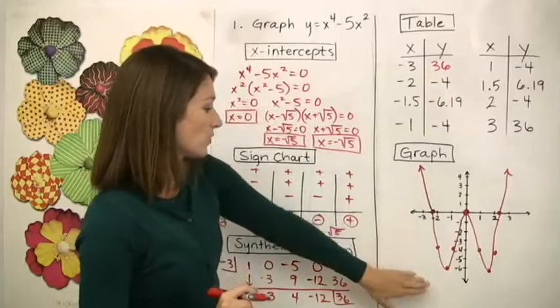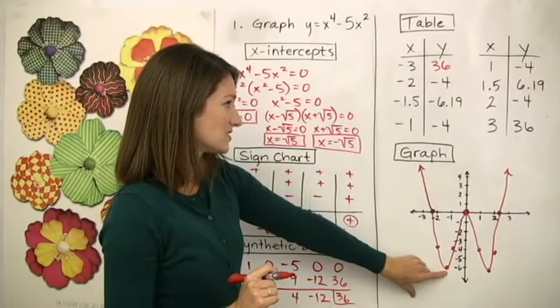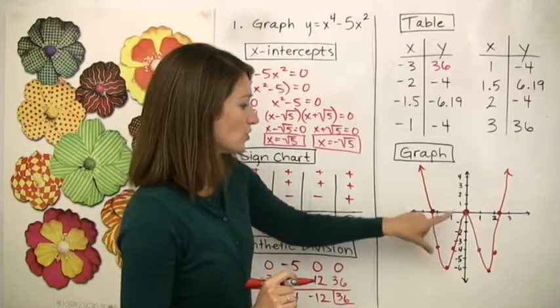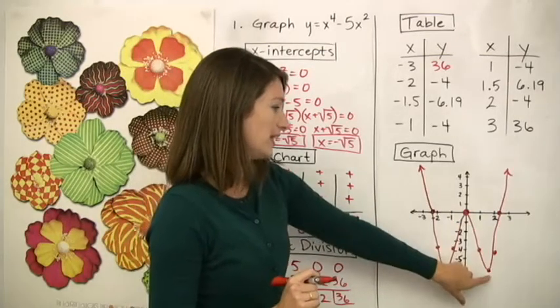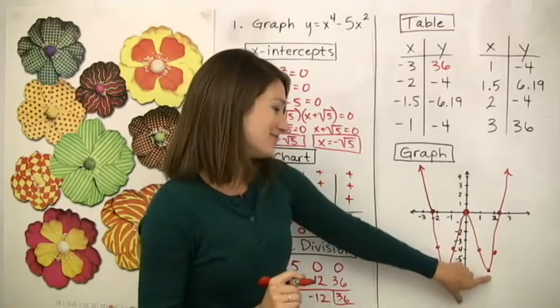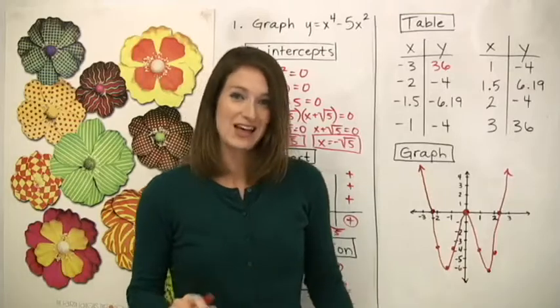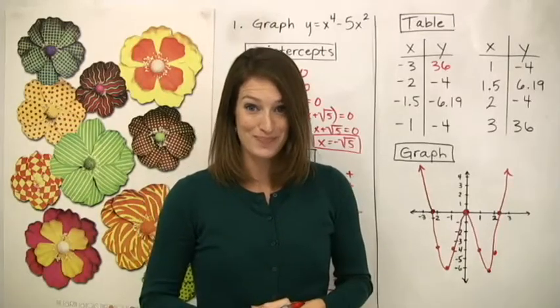And so we found them. We have one down here at -1.5 and -6.19. We have a turning point at the origin at 0, 0. And then our third turning point at positive 1.5 and -6.19. So let's try one final example that works an application problem.